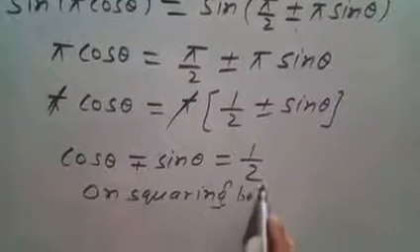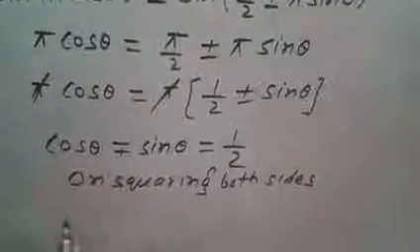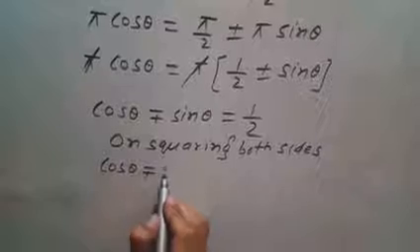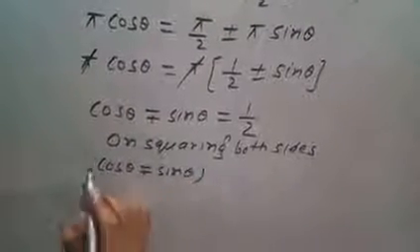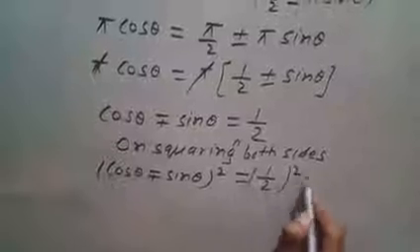Now on squaring both sides, cos theta minus plus sin theta whole square equals 1 by 2 whole square.